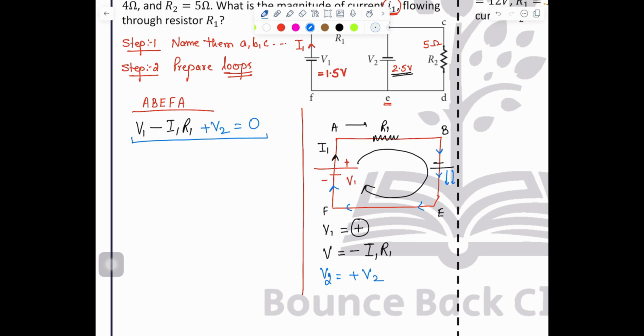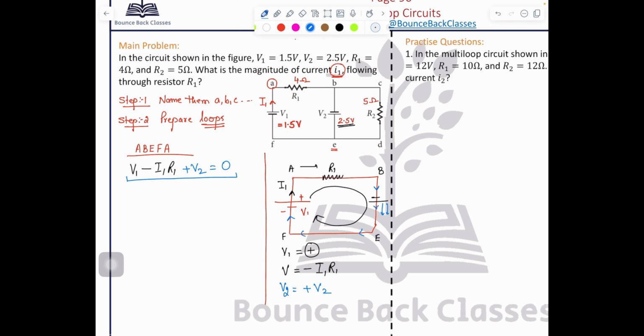You understand this structure and why positive, why negative. Now just place the values and find out. So V1 is 1.5 minus I1 R1, R1 is 4, plus V2 is 2.5 equals to 0.